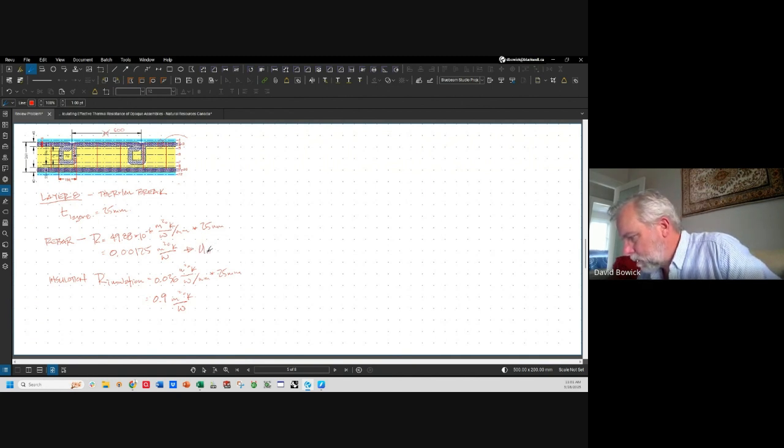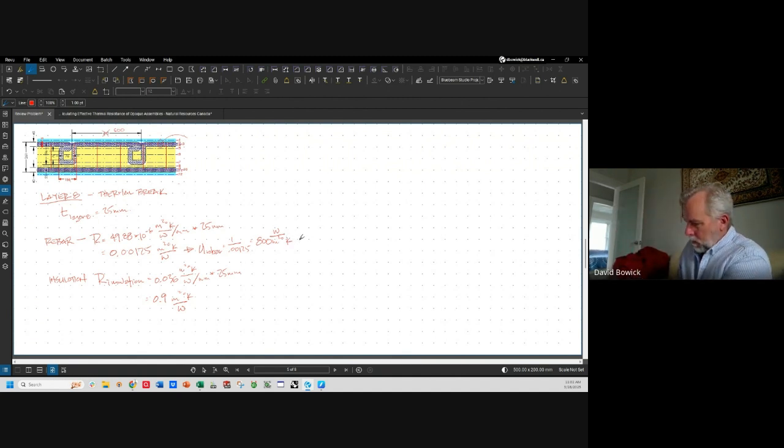U rebar equals 1 over 0.00125 equals 800 watts per meter square degree Kelvin. 1 divided by 0.00125, 800.